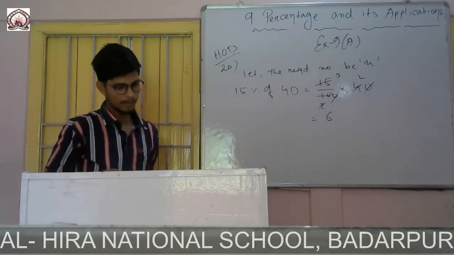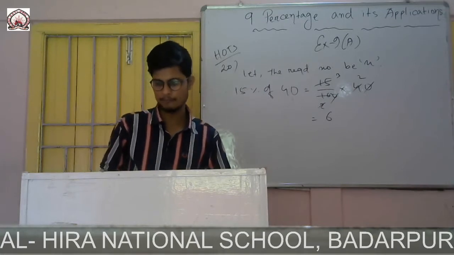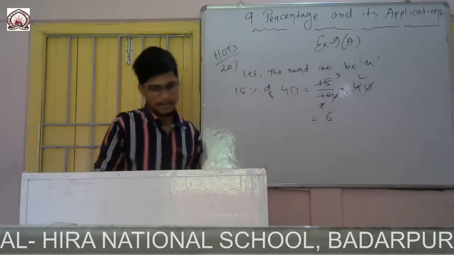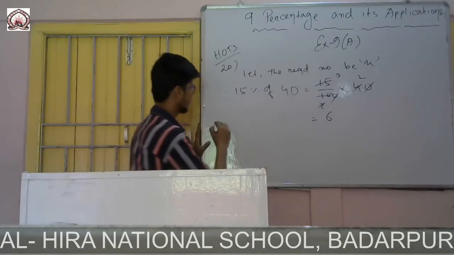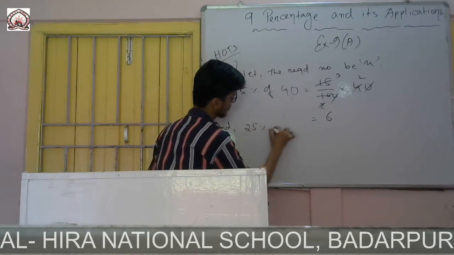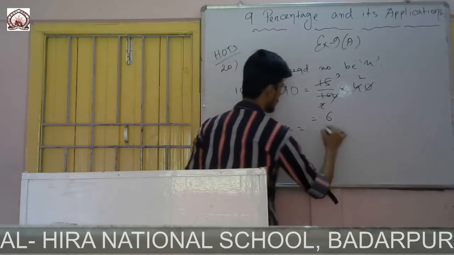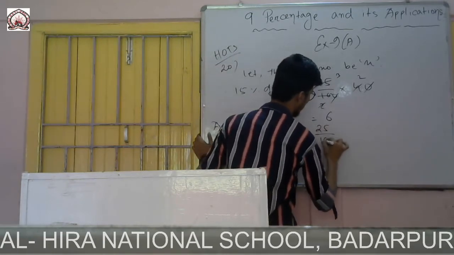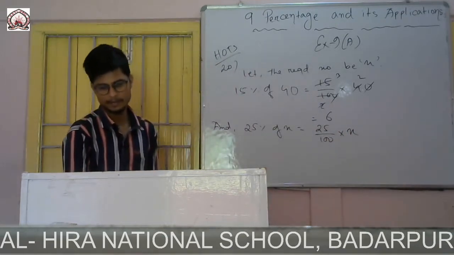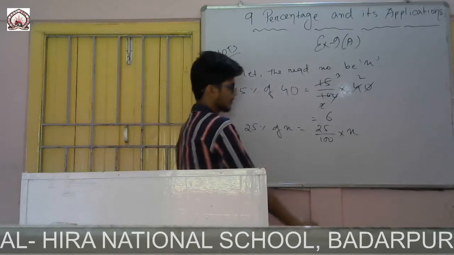Then another one, it is given 25% of a number. What is the number? It is x. So I will write 25% of x, which is equal to 25 by 100 into x.